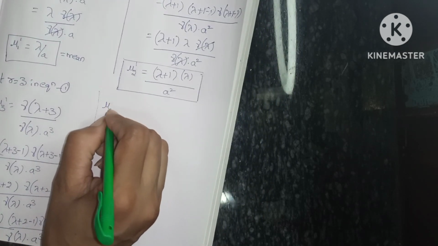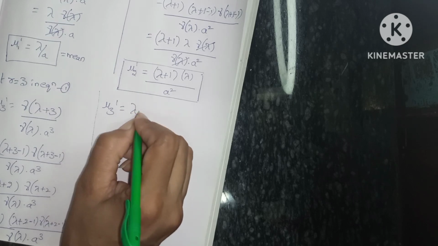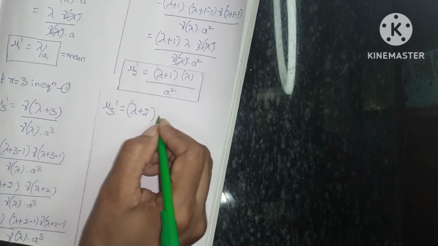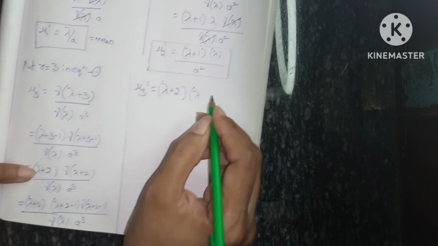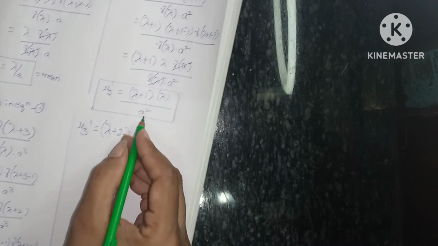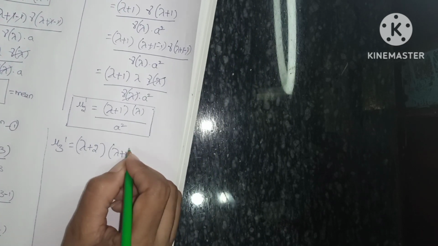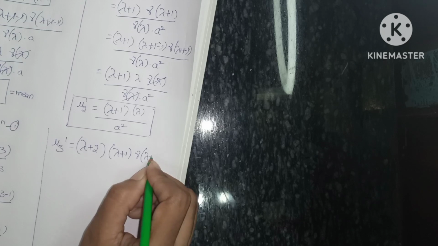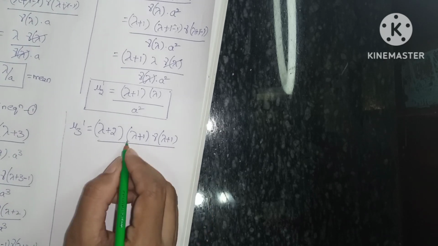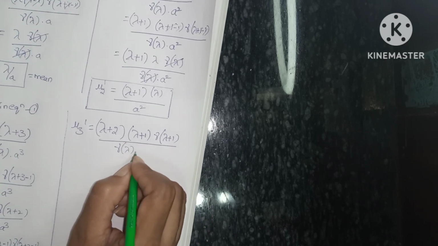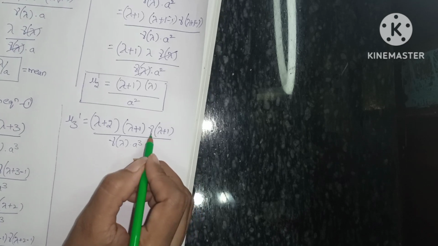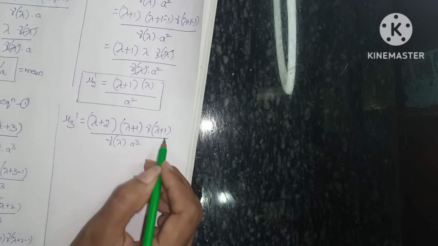So mu 3 dash equals lambda plus 2 into lambda plus 1 into gamma of lambda plus 1 by gamma of lambda into a cube. Here again it is in the form of gamma of lambda.